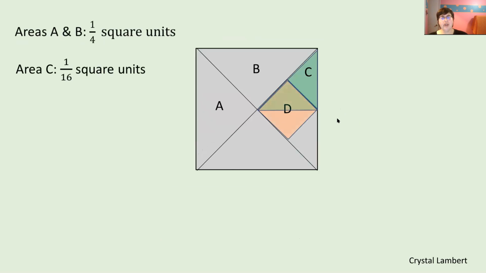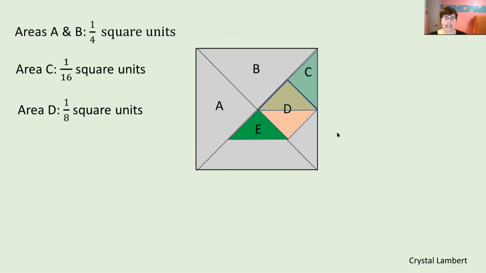Well, what we can do is take that smaller triangle and fit it in there, and we notice 2 triangles fit into D. So we know that D is 1/8 square unit because 1/16 plus 1/16 is 2/16. And then 2 goes into 2 one time, but 2 goes into 16 8 times. So we reduce that fraction to 1/8.